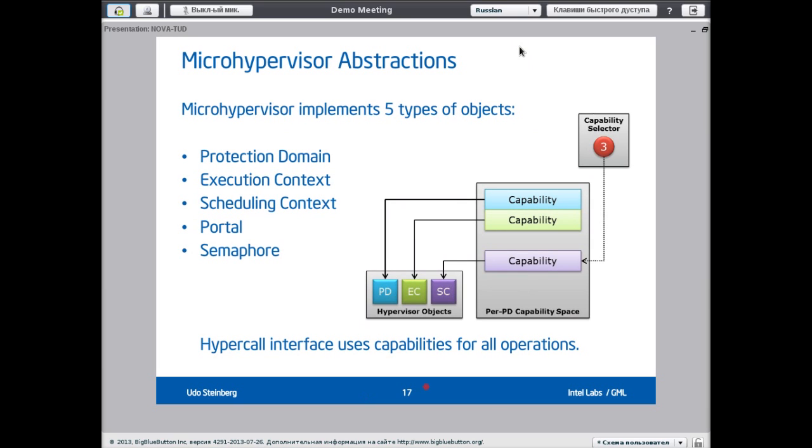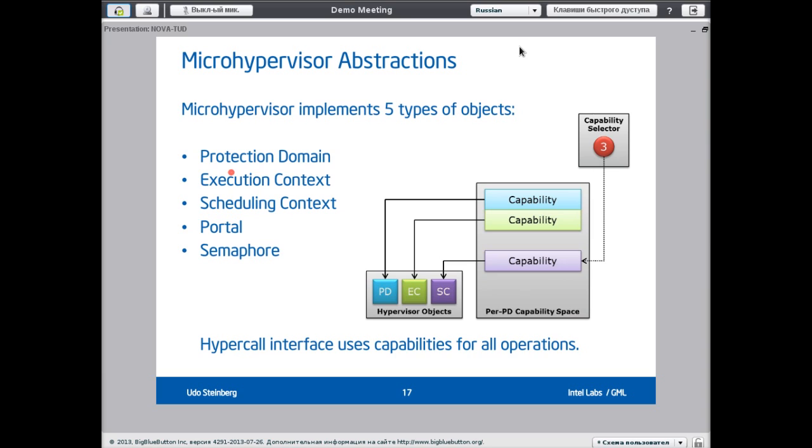So what does a capability look like, or how does this work? In the hypervisor, we have a bunch of kernel objects, and there are 5 different types. A protection domain, for example, would be a container, like an address space or a virtual machine where you can assign resources. An execution context is an activity inside that protection domain.